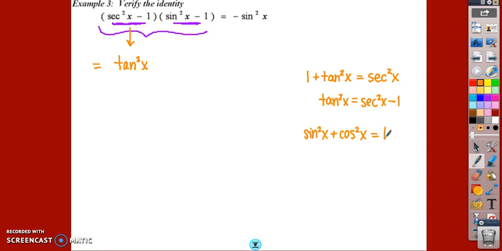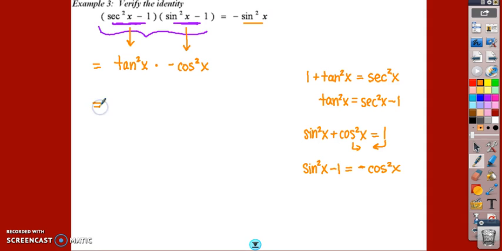This time I want it to say sine squared minus 1. So I'll boot that cosine squared to the other side. So just rearranging again, and so then I figured out that this would equal negative cosine squared. Alright. That's simpler, but it's still not equal to negative sine squared.